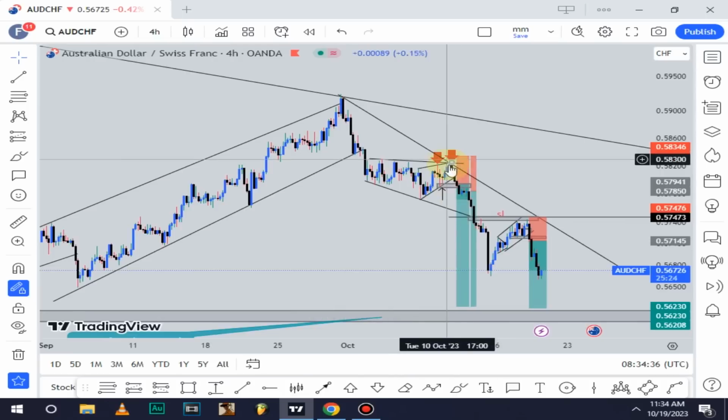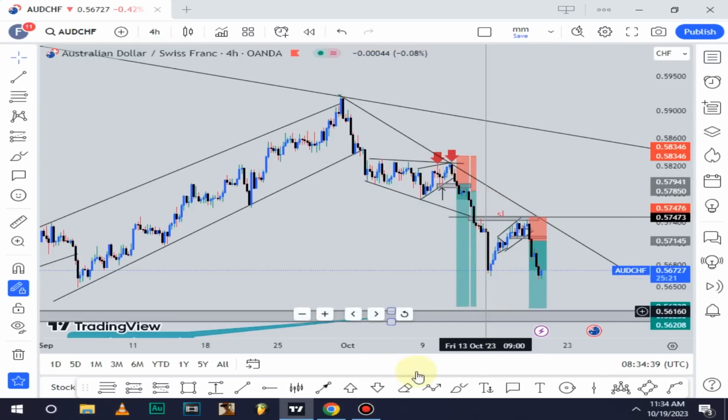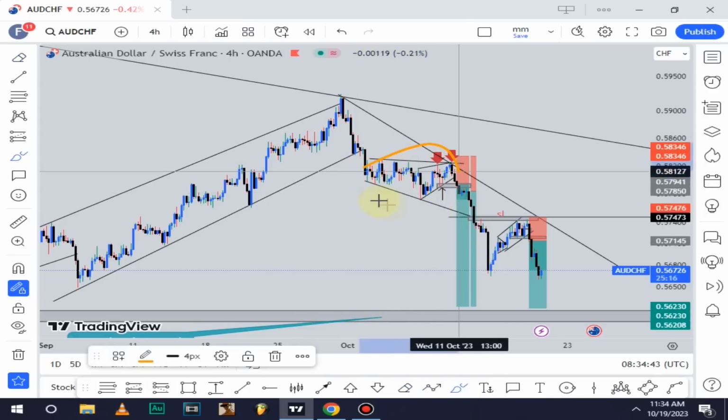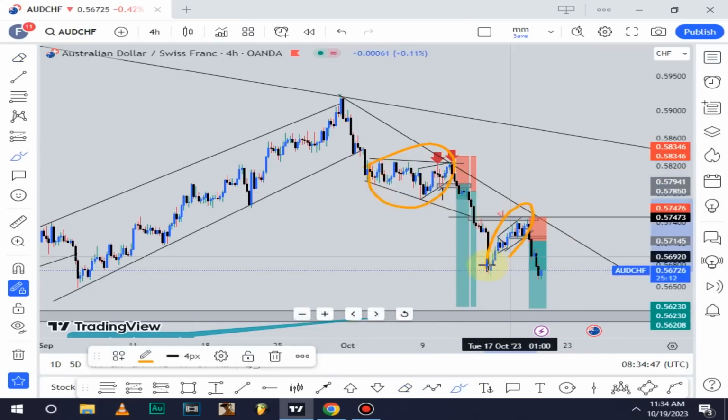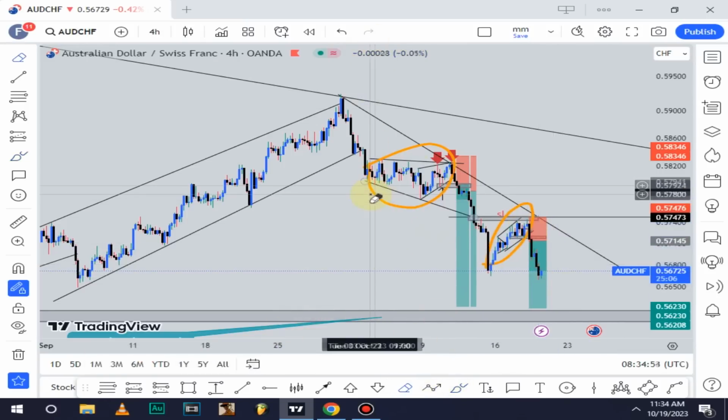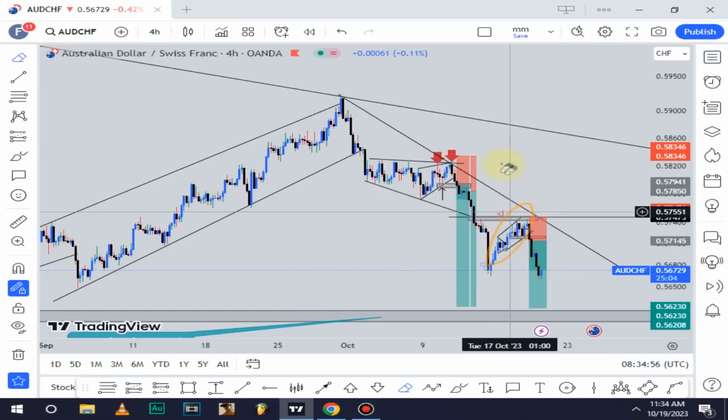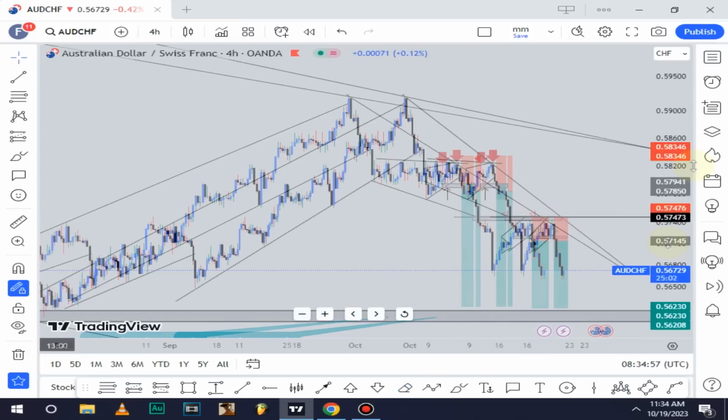Look at this push, that is an impulse. But when the market was in a correction phase, you can see how dirty it was. Now this is a correction, look at how dirty it is. But when it's time to move, nothing stops the market. So you just need to identify those market behavior patterns before making your entry decision.